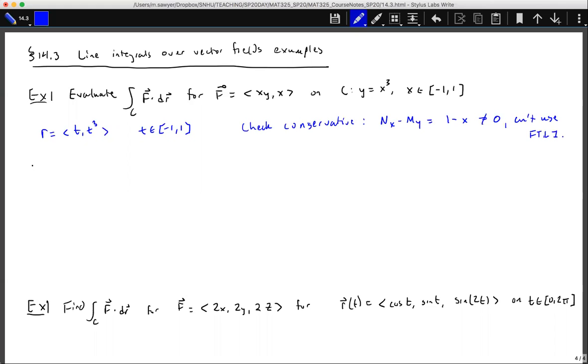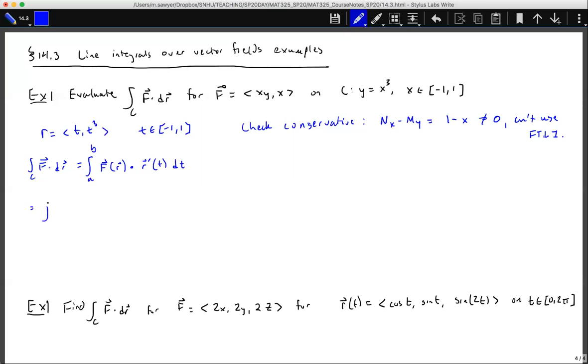So we have to go back to our original definition that the line integral over the vector field F is equal to the integral from a to b of the field evaluated at r, dot the derivative of r of t, dt.